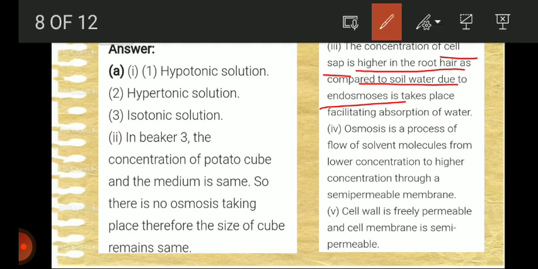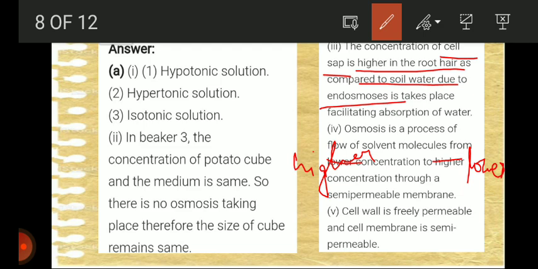We have already discussed. Osmosis is the process of flow of solvent molecules from its region of higher concentration to its region of lower concentration. That means, and of course, through a semi-permeable membrane. That means osmosis is that process where water molecules will move.